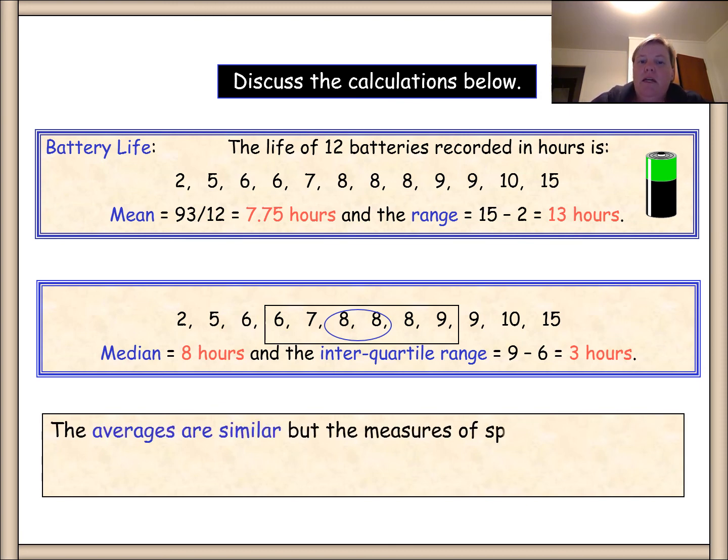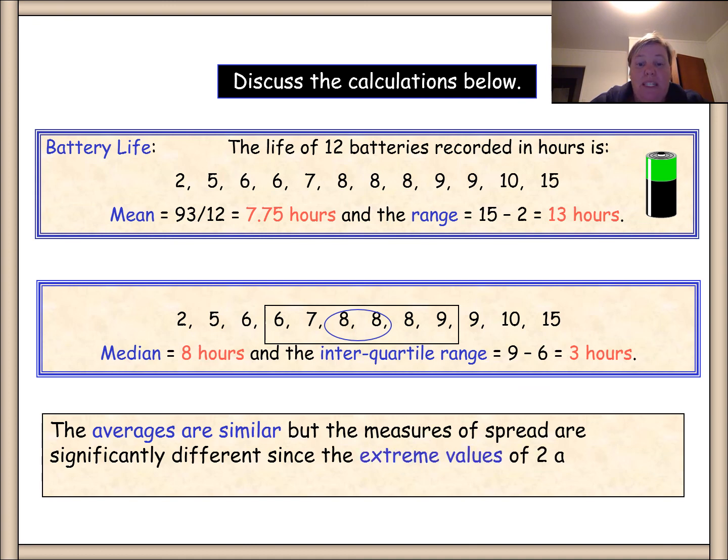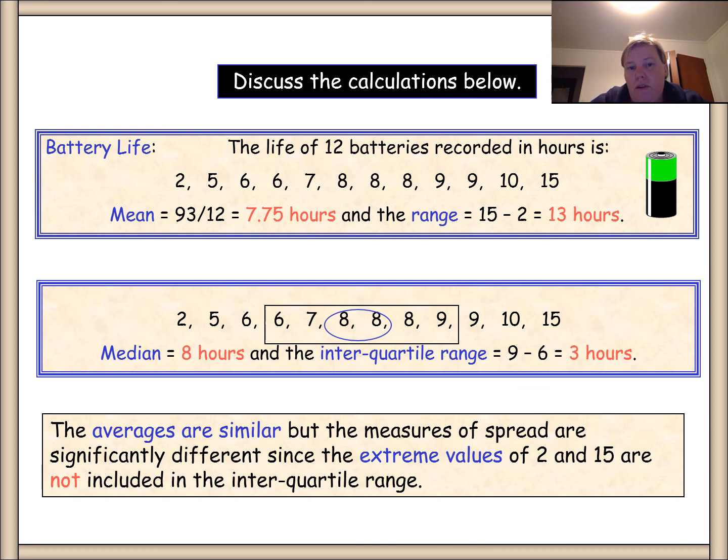Now, the key here is that the actual averages, the mean and the median, are pretty similar, but the interquartile range is a lot smaller, and that's because there are 2 very extreme numbers. There's a 2 and a 15 that are much different from the middle set of data. That middle set of data is very compact, and so the normal range is not very good.